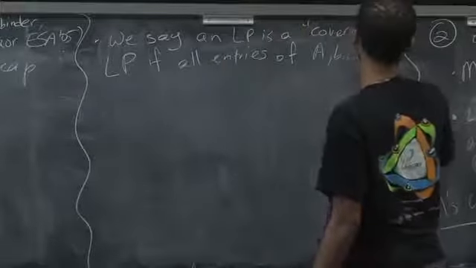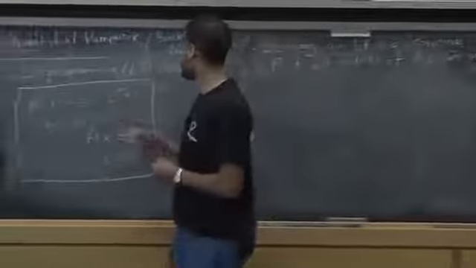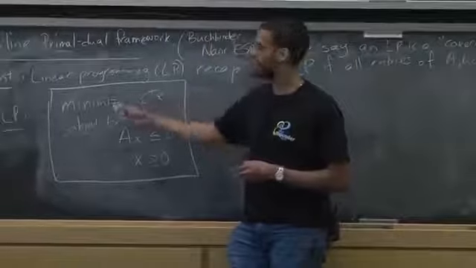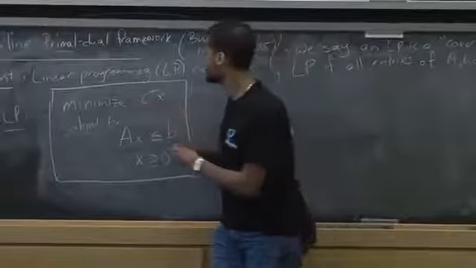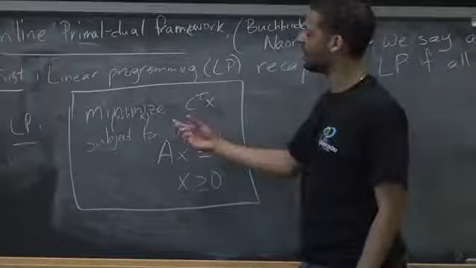So corresponding to any LP, there's another LP called the dual LP. And what is duality all about? Here I'm solving for x. I want to minimize over x. Now, suppose I want a lower bound on the minimum.